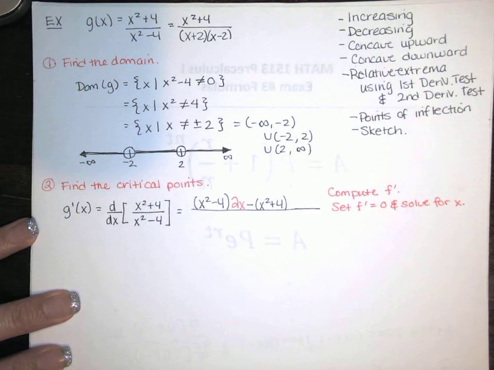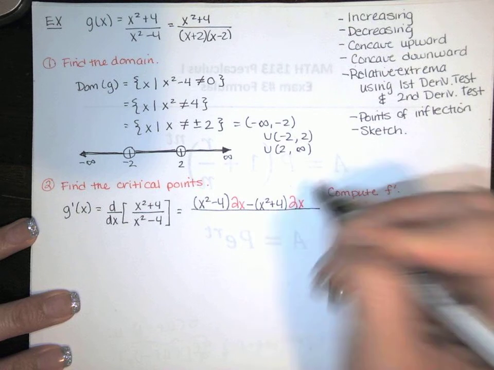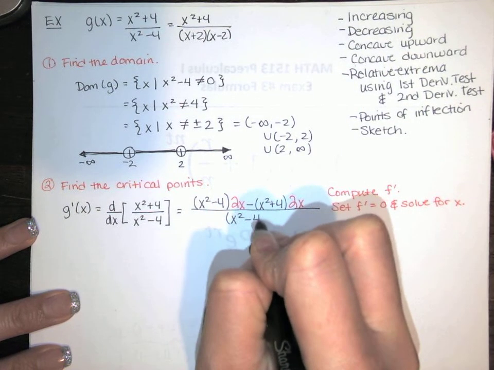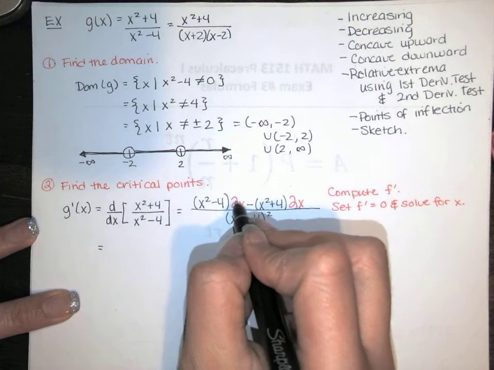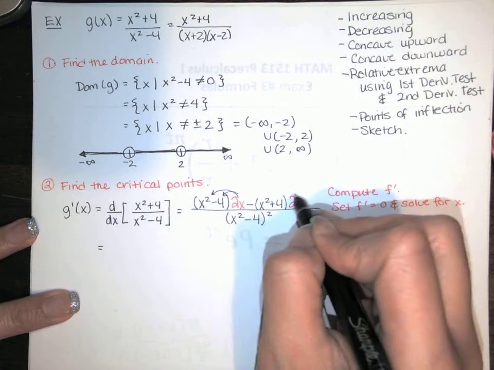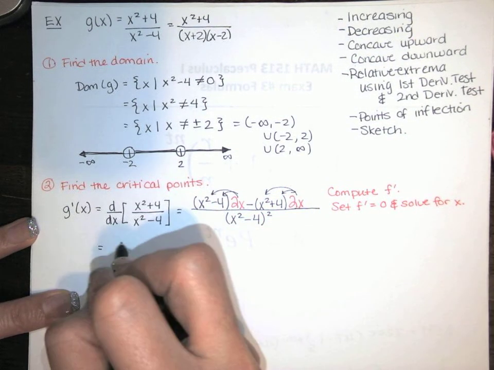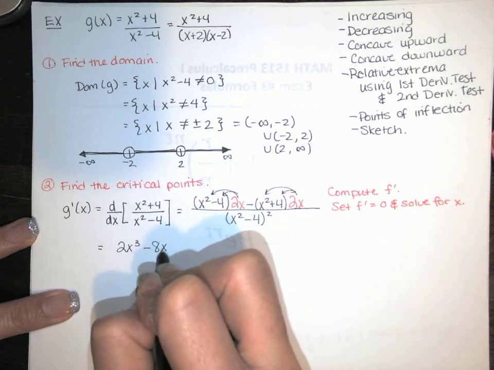Don't forget your parentheses. D low, which happens to be 2x, all over low, the bottom function squared. It's x squared minus 4 quantity squared. Okay, now we'll distribute the 2x here, and we'll distribute the 2x there. So we get 2x times x squared is 2x cubed. 2x times the negative 4 is negative 8x.